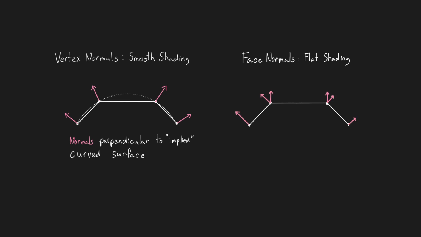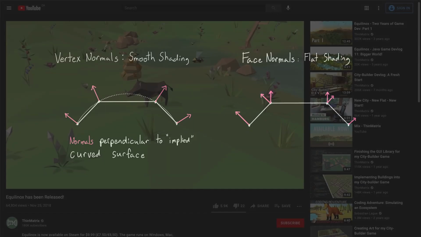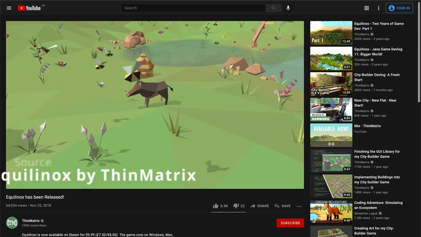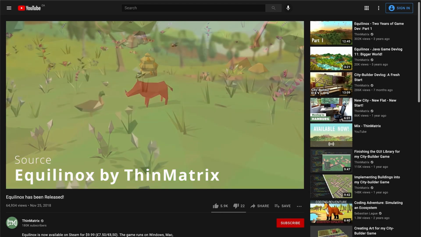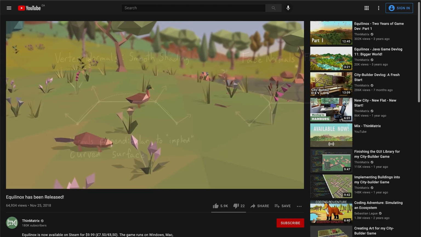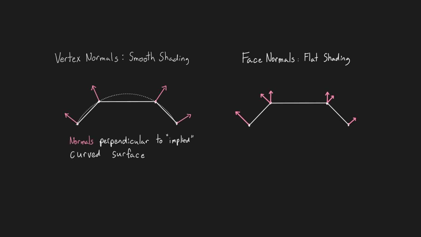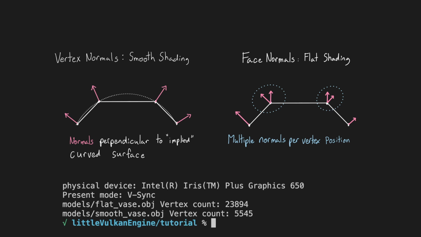This is when the normal at each vertex uses the same normal as its face. Face normals are more commonly used in low poly art styles, when you want each individual polygon to be clearly visible. Since a vertex can be shared by multiple faces, this means we will have duplicate vertices, one for each face. Because of this, a flat model will have more vertices than its smooth model counterpart.